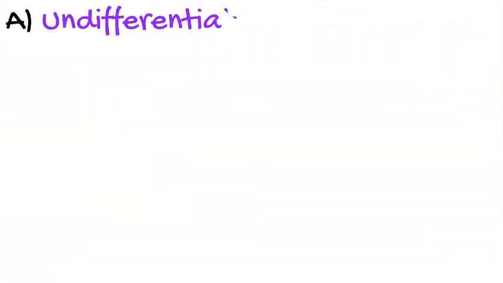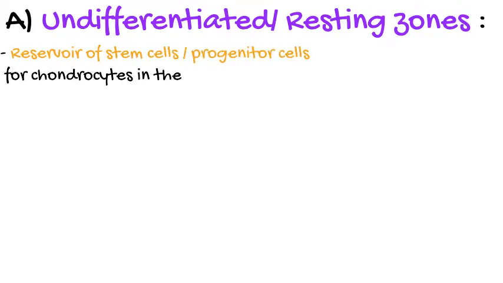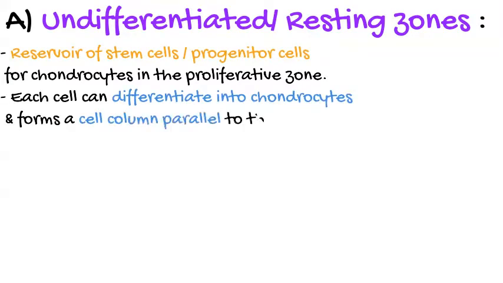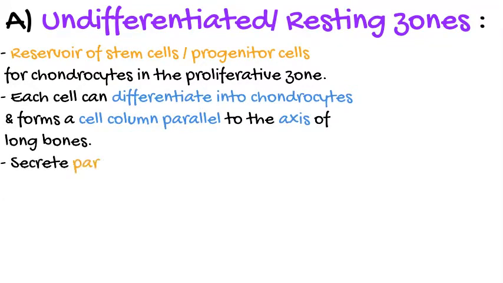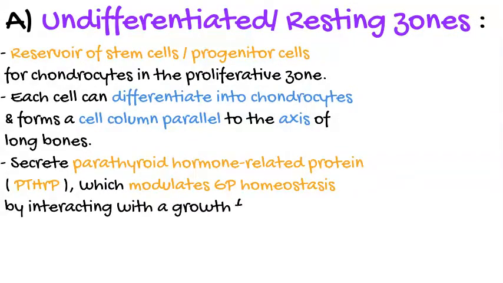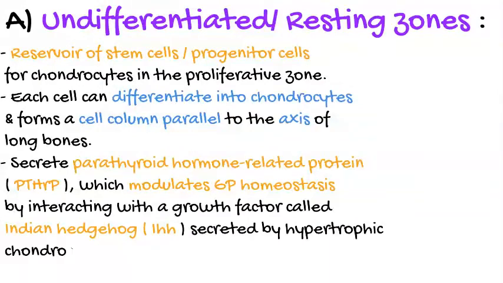Now, I am going to talk about A, the undifferentiated or resting zone. The resting zone acts as a reservoir of stem cells or progenitor cells for chondrocytes in the proliferative zone. Each cell can differentiate into chondrocytes and form a cell column parallel to the axis of the long bone.